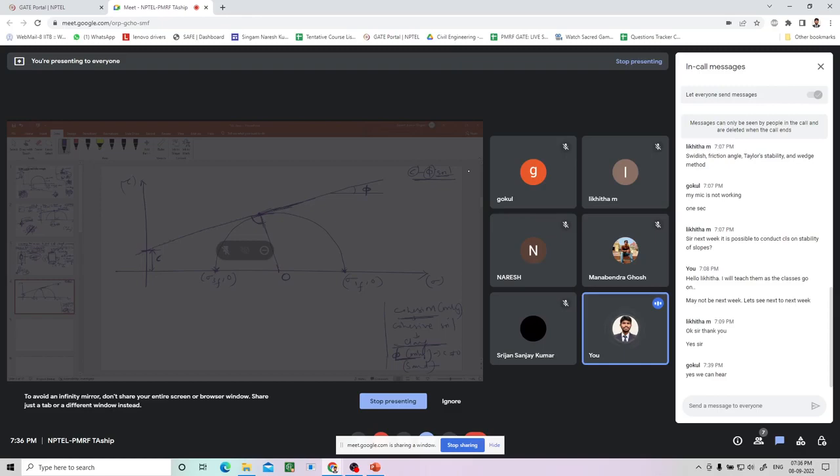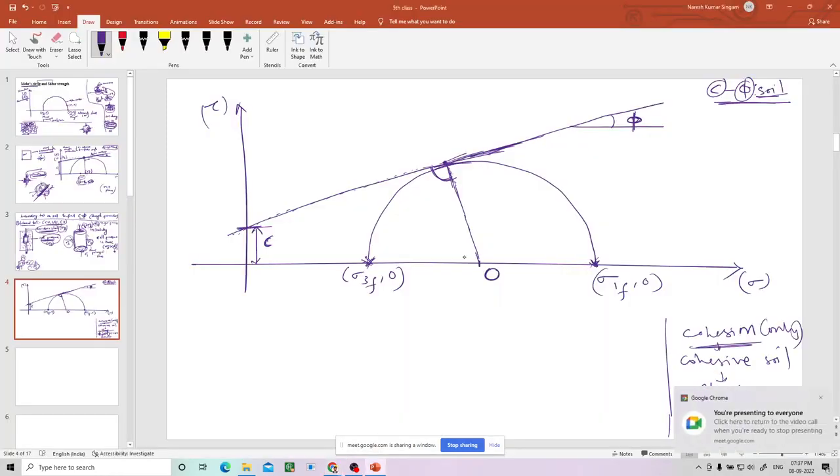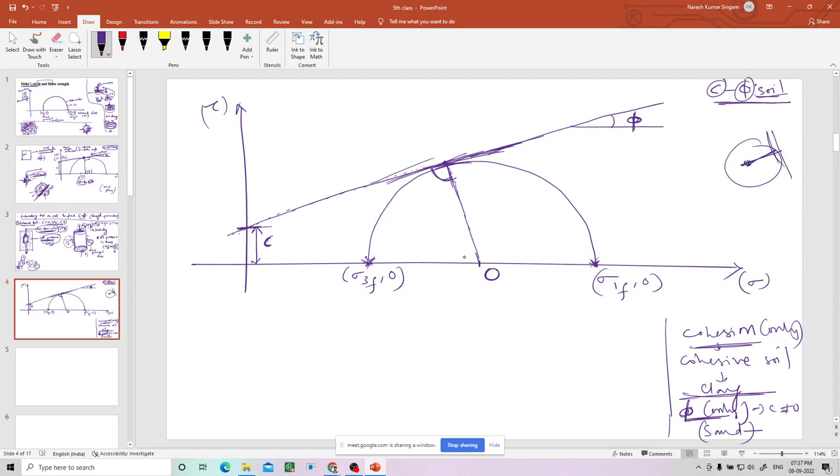Yeah, okay, fine. So anyway, this is a tangent to the circle. Taking a tangent and drawing a line from the center to the point of intersection between the tangent and the circle, it is always perpendicular. That means this is perpendicular. This much you should remember.